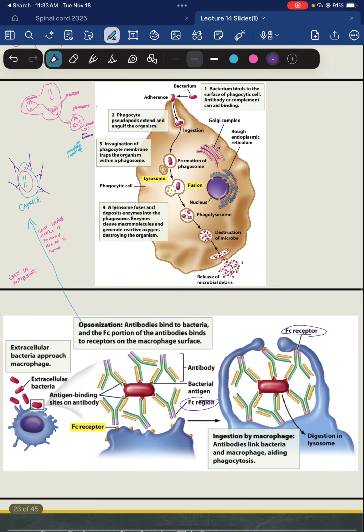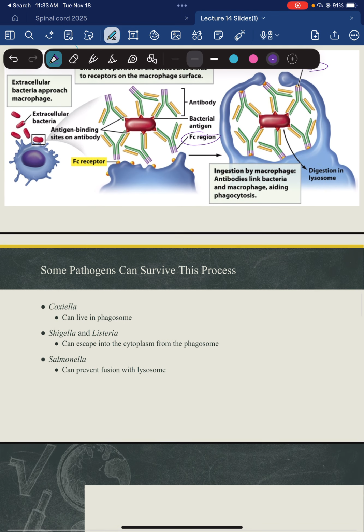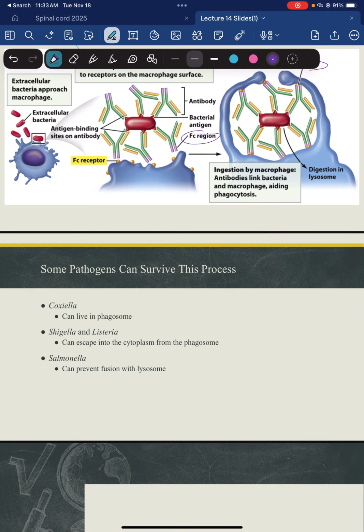Some things don't care if they get eaten by your white blood cells. In fact, they want to be eaten by your white blood cells. So the best example I like to use is Salmonella here. Salmonella will actually willingly get taken up into your cells and then prevent it from ever fusing with that ROS, so that they can just kind of live in your cells until they make it into your bloodstream.